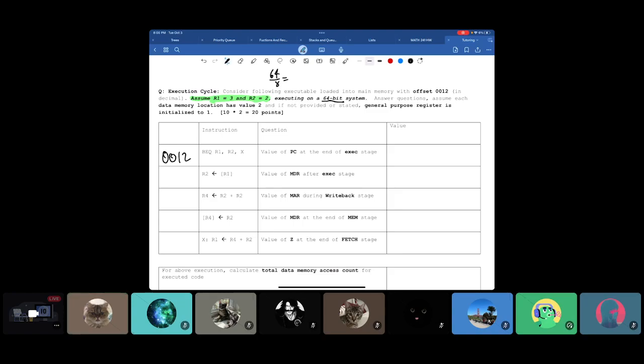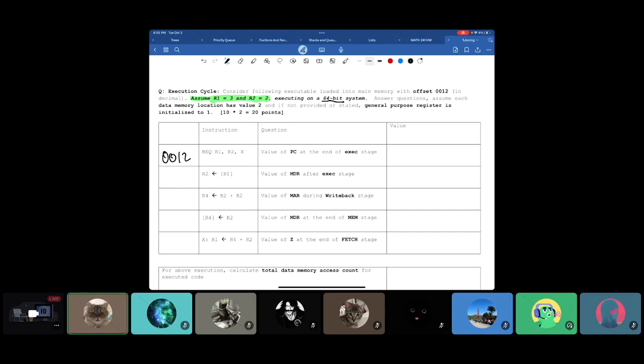It's going to be 8. Same thing as if we do 32 divided by 8 on a 32-bit system, that's 4, so you increment by 4. 16-bit system divided by 8, that's 2, right? So that gives you what you're going to increment by. Don't forget that, or write that down in your books. To find what you're going to increment by on your PC, take the amount of bits, divide it by 8, and that will be what you're going to increment by.